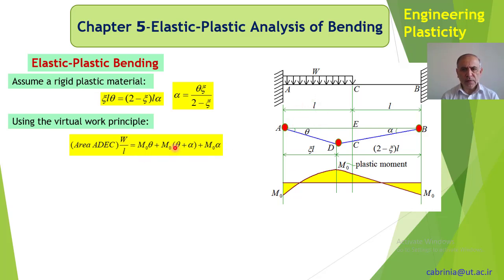For this distributed load, as I said, W is the total load of this distribution. So if we want force per unit length, small w is W over L. So that's the small w, and times the area gives us the work. What area? ADEC, corresponding to this distributed load.